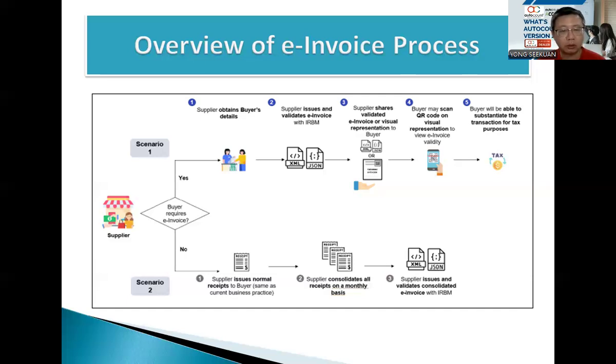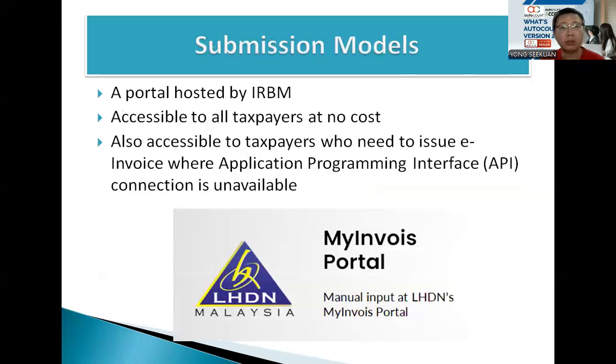So the mini market or supermarket just issues the normal receipt. But after one month, the mini market will consolidate all the transactions into one consolidated invoice. Then this consolidated invoice is sent to LHDN for validation. So these are the two scenarios.